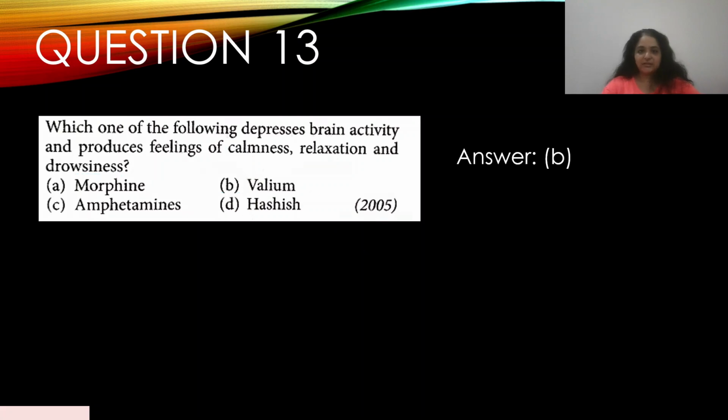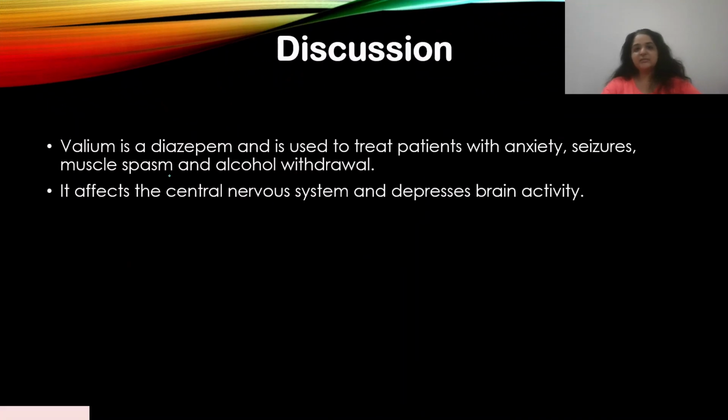Let's understand Valium in a little detail. Valium is a diazepam, and is used to treat patients with anxiety, seizures, muscle spasm, and alcohol withdrawal. It affects the CNS, the brain, and it depresses the brain activity. So a person feels very relaxed, calm, and with seizures feels a little drowsy, sleepy.